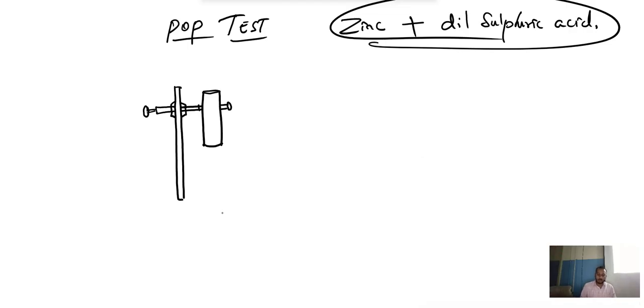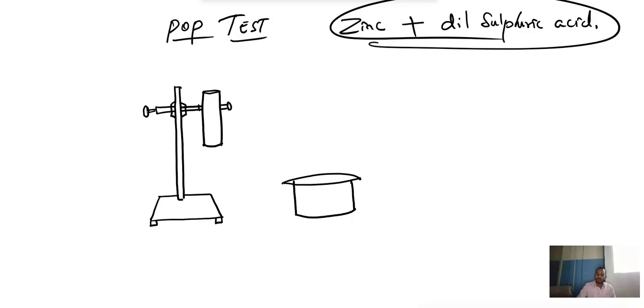Now we are going to draw a base for this stand. Is this clear? And then we are taking a beaker. We have taken a beaker.